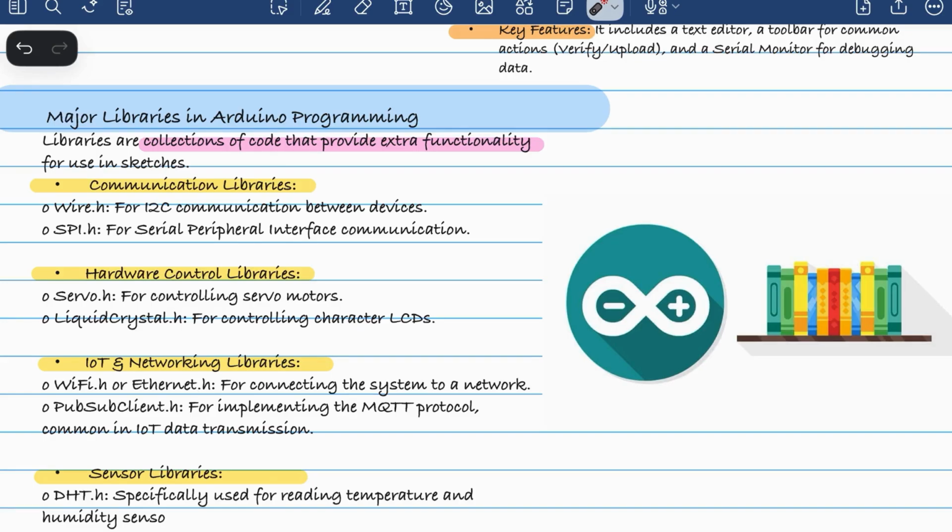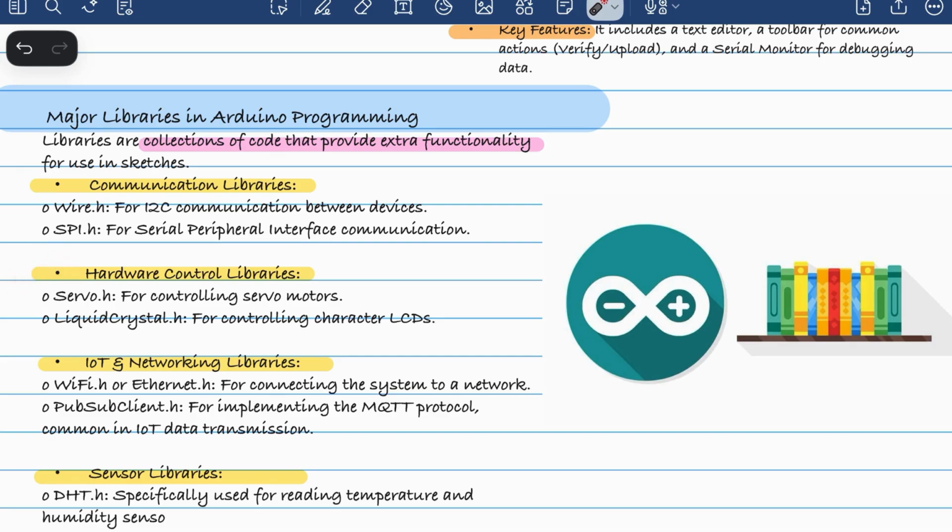Just have a look at these four kinds of libraries which are mostly imported in your IoT code. First are the communication libraries. These include Wire.h, which allows your board to coordinate data with multiple chips on an I2C data bus using just two wires. Then we have SPI.h. It handles high speed serial peripheral interface communication for quick data devices.